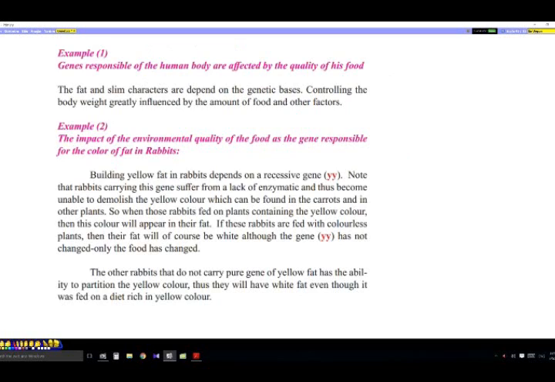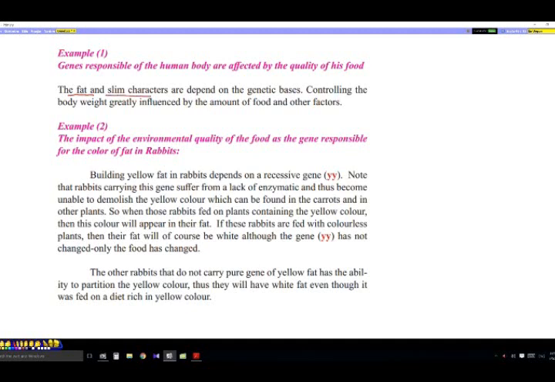Example 1. Genes responsible for the human body are affected by the quality of food. Many people have genes about fat. These people who have genetic codes for fatness have a tendency to be fat, but by controlling their diet, they can have a slim body.